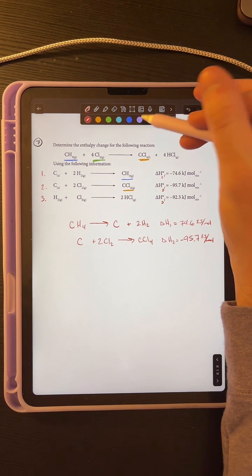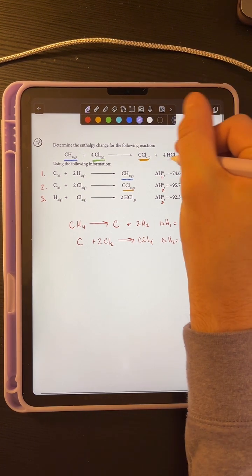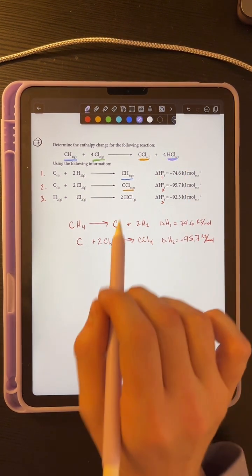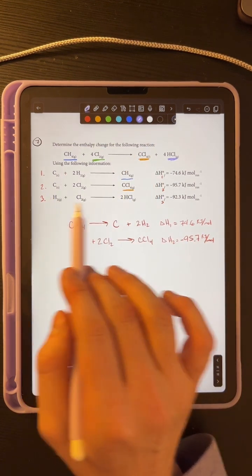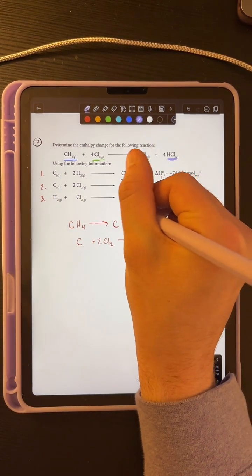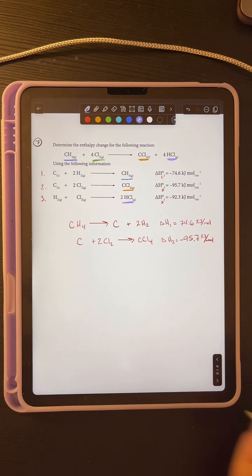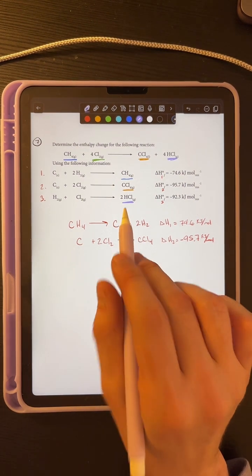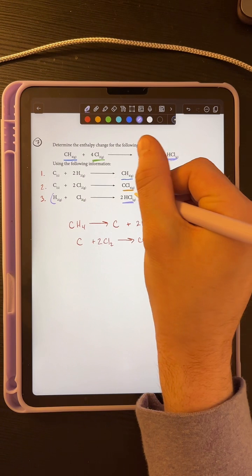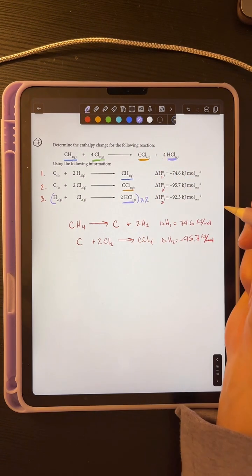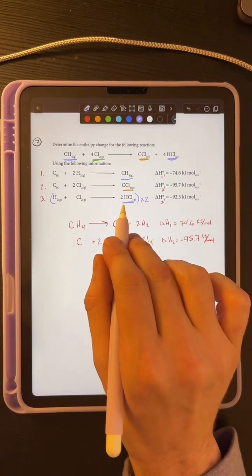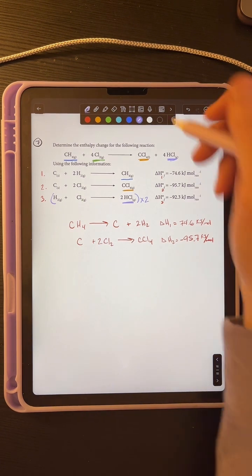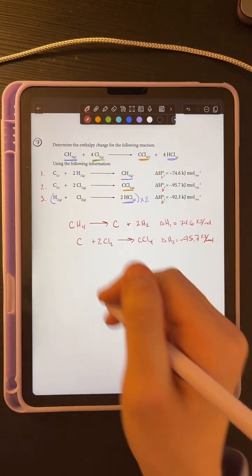And then we go to our last product, which is HCl. We want 4 of them. We look down and we see the only place for HCl is reaction 3 in the products, but we only have 2 of them. So what we need to do is multiply the full reaction by 2 to get to our 4 HCl. So let's go back to that red.